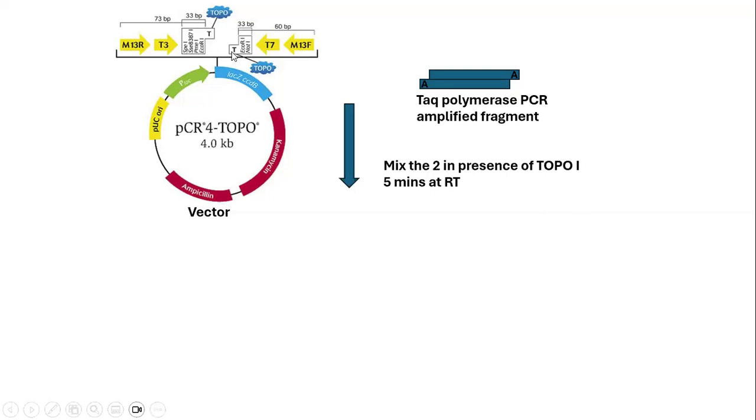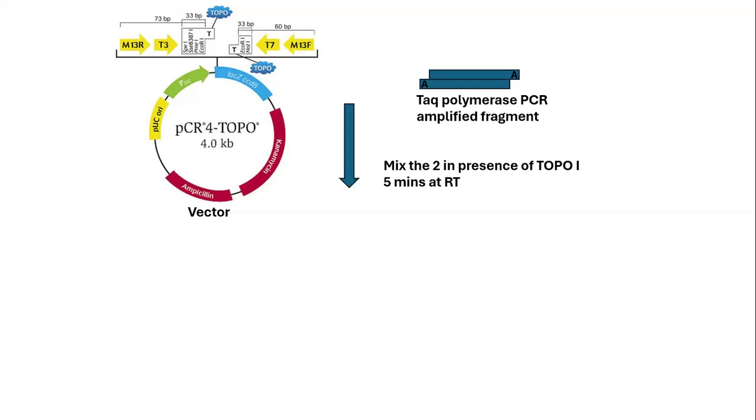these thymine residues present on both the strands of DNA, and they have a specific 33 base pair sequence both downstream and upstream of these thymine residues, which are then also flanked by repeat sequences shown in yellow.